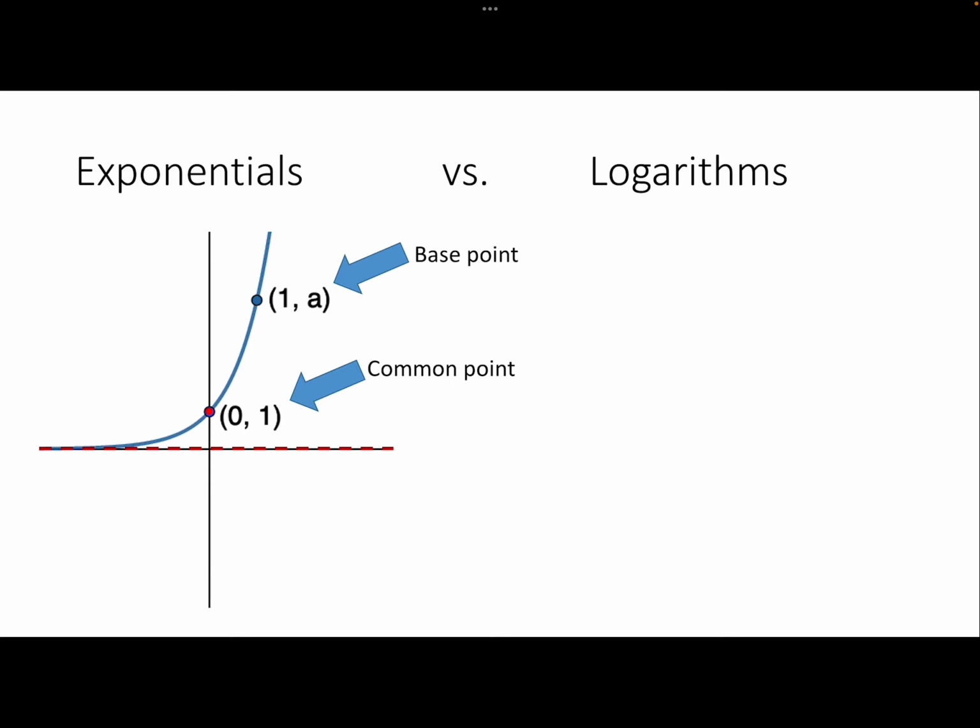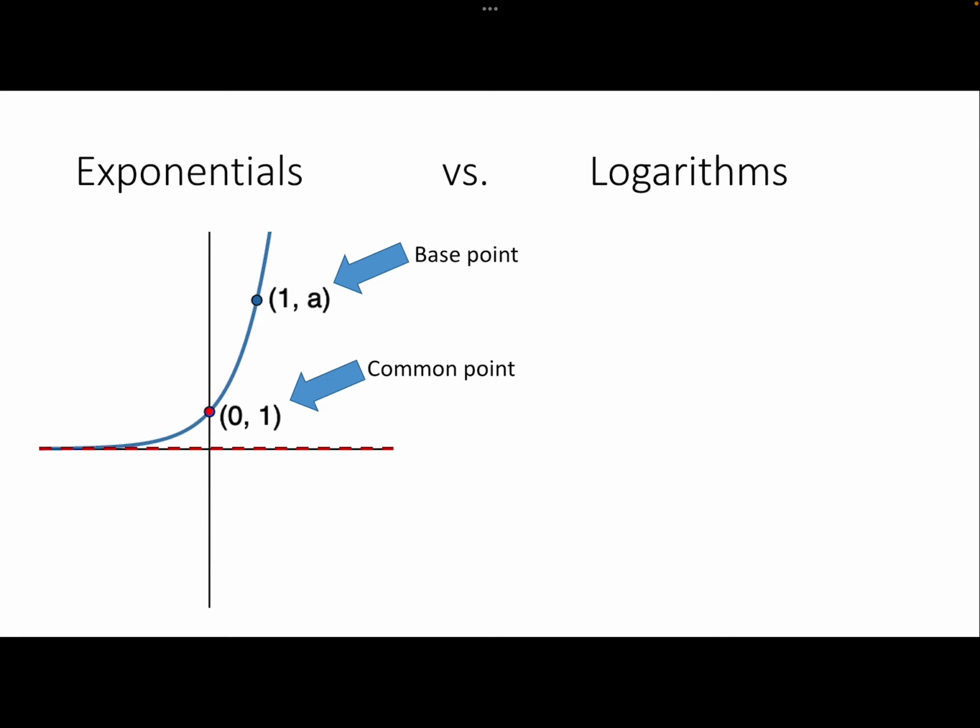So if it's a base 2, we're going 1 over and 2 up because 2 to the first is 2. If it is a base 5, we're going 1 over and 5 up because 5 to the first is equal to 5. So they all look similar, but they'll be slightly changed. Some are more steep, some are more shallow. And all exponentials, until they've been moved, have a common asymptote of the x-axis, or y equals 0.